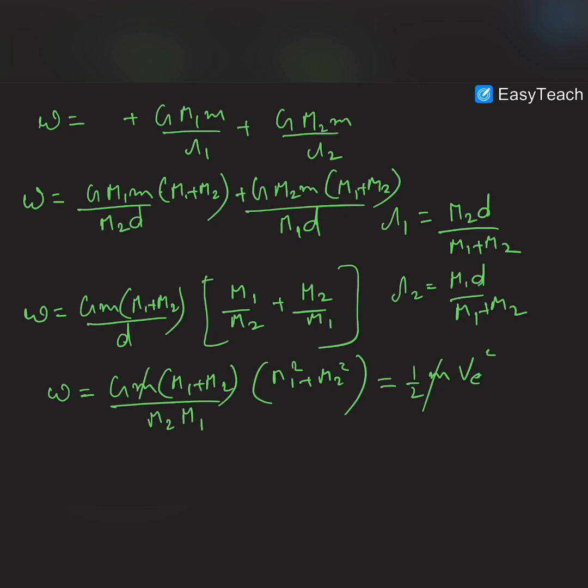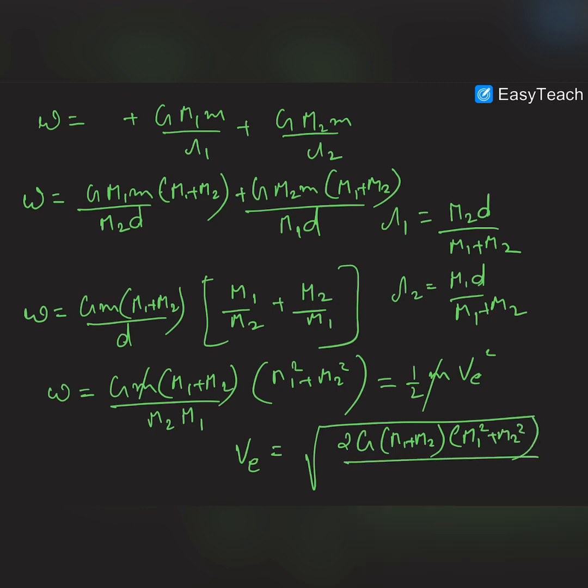So cancelling m with m, v escape would be equal to under root of 2 G (m1 plus m2) into (m1 square plus m2 square) divided by m1 m2 d. So this is the escape velocity in this case.